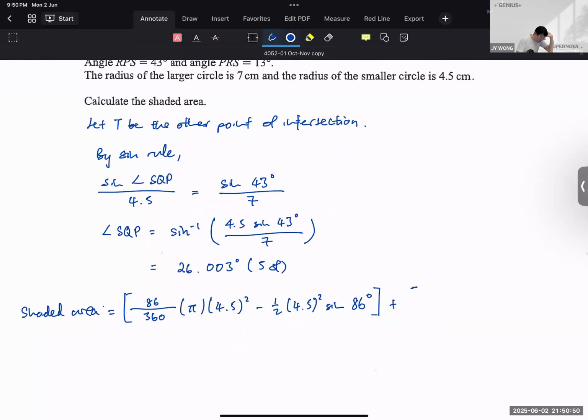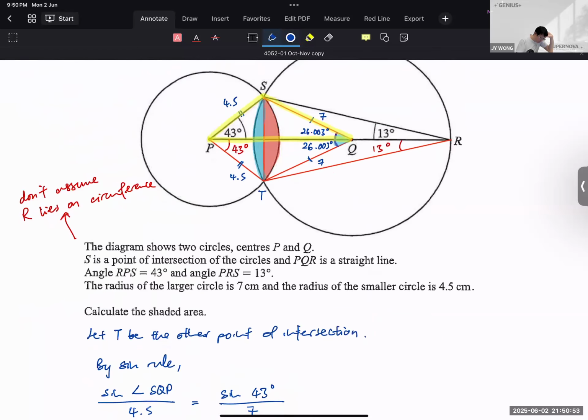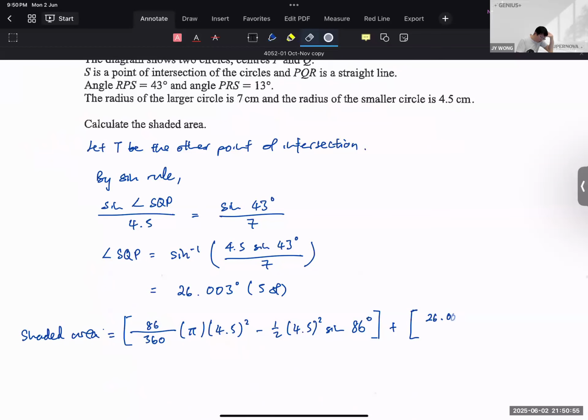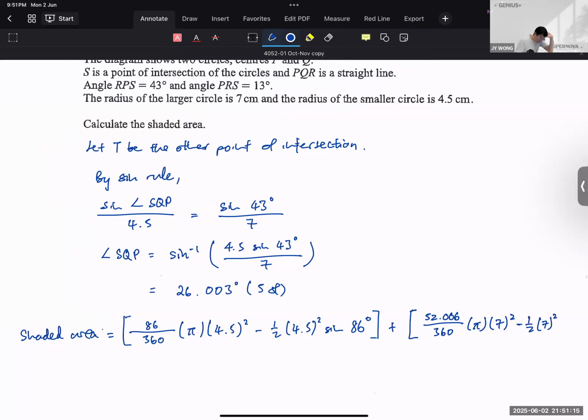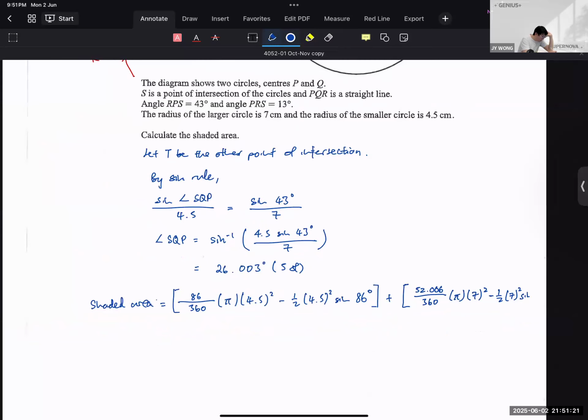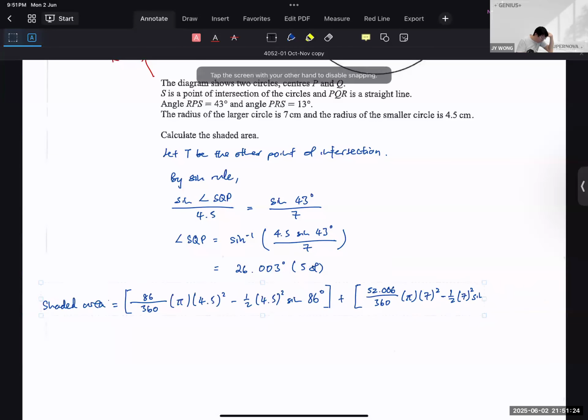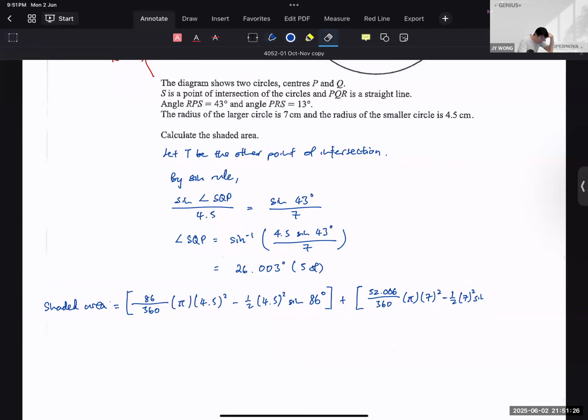Then plus the second part of the shaded area, which is 52.006 degrees over 360 degrees times pi r square, minus half AB sine C. I don't recommend that in the exam you do it all together.